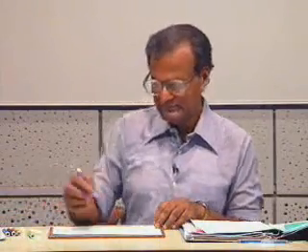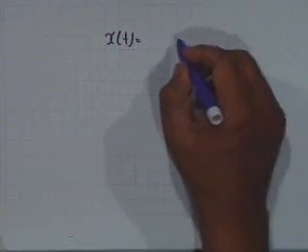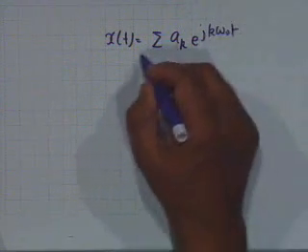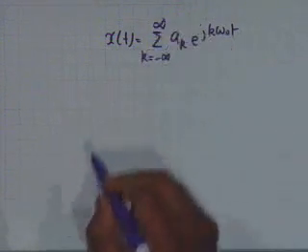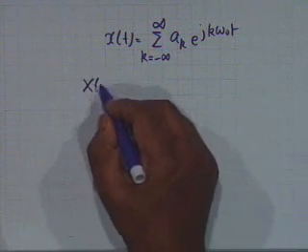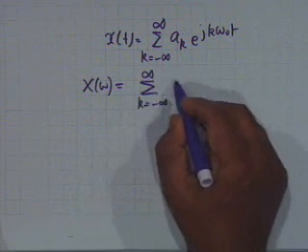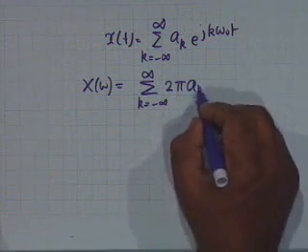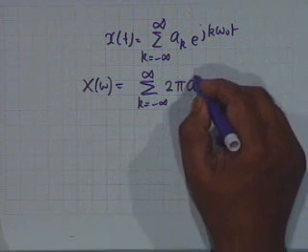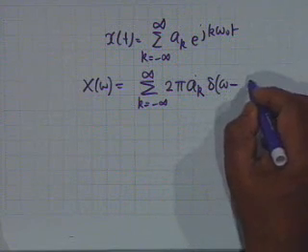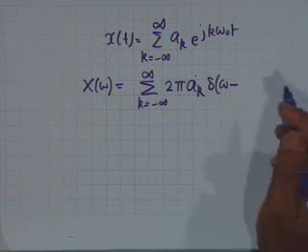The periodic function was x of t equals summation a_k e to the j k omega 0 t, k equals minus infinity to plus infinity, and therefore capital X of omega shall now be equal to the summation over k from minus infinity to plus infinity of 2 pi a_k delta of omega minus k omega 0.